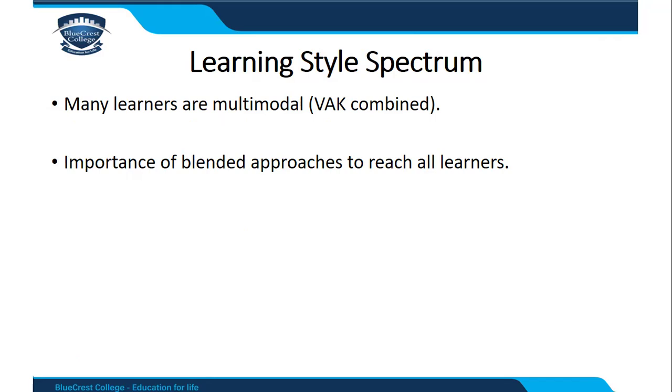So as a trainer or as an HR person, if you are putting together a training session for a group of people, it is important that you blend these approaches so that all the learners going through the training will be able to get whatever content you have put together for them.